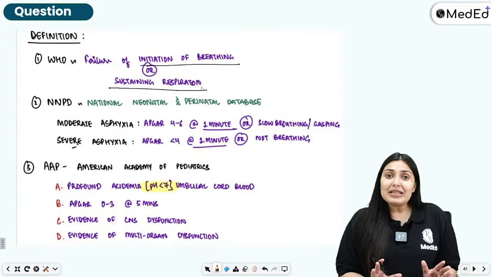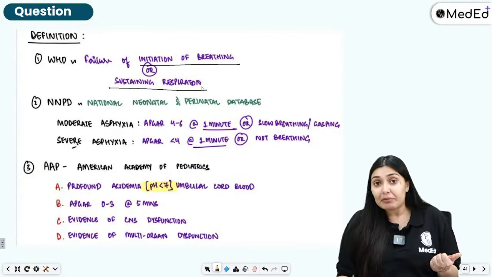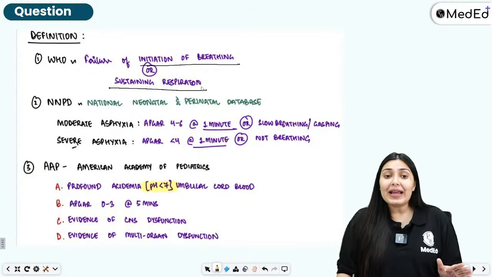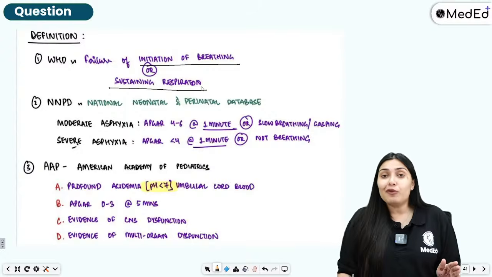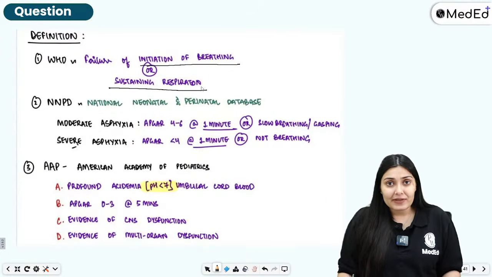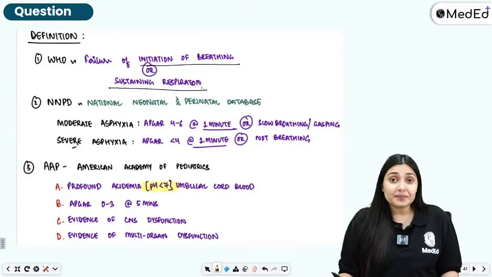NNPD gave the definition on the basis of APGAR score at 1 minute. They said if the APGAR score at 1 minute is 4 to 6, this child has moderate asphyxia. And if the APGAR score is less than 4, then this is severe asphyxia. So this was the definition given by NNPD.